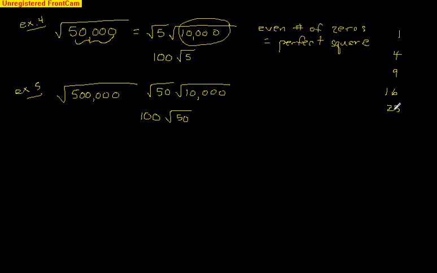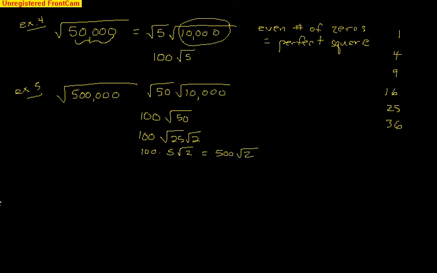So it would be 1,000 square root of 40. But we're not done yet because a 4 goes into this one. So we're going to have 1,000 square root of 4 square root of 10. 1,000 times 2 square root of 10. So we're going to get 2,000 square root of 10.